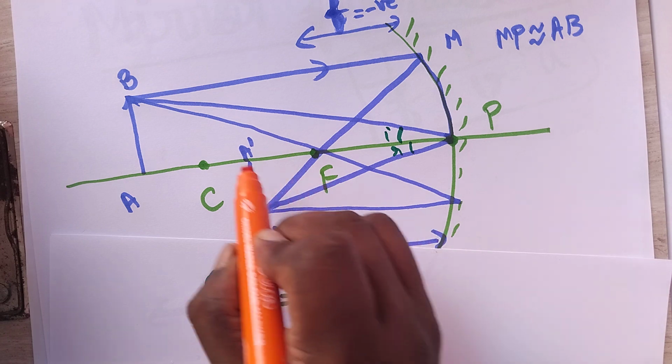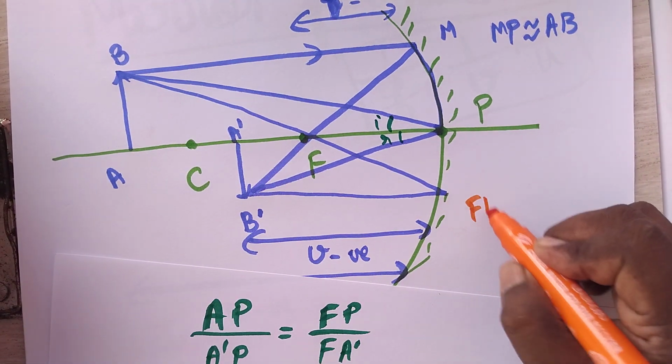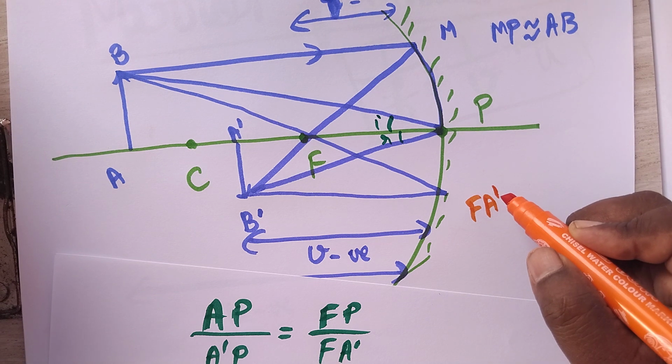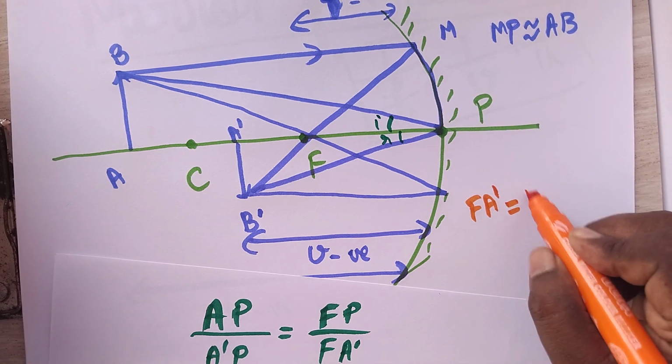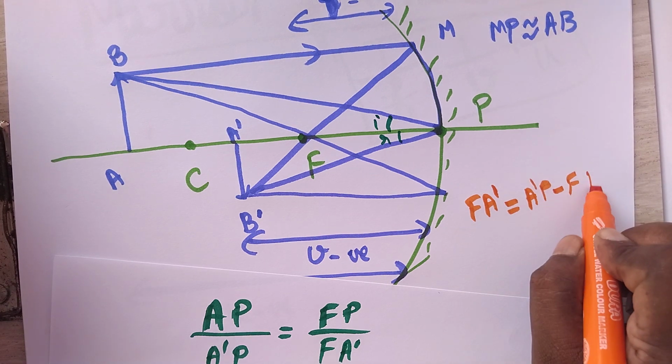How can I relate it? FA dash is equal to A dash P minus FP.